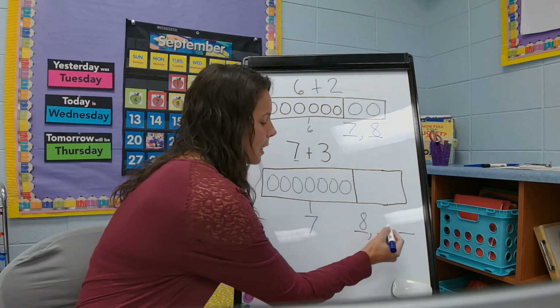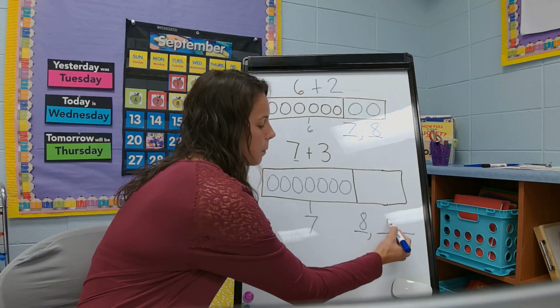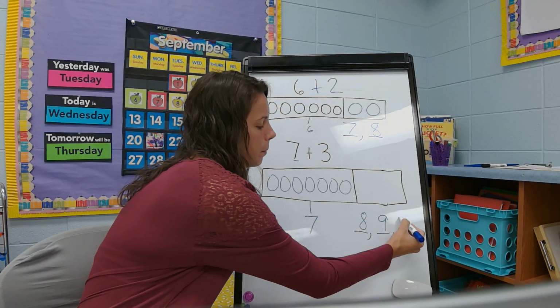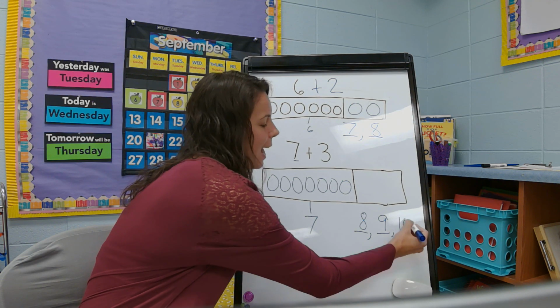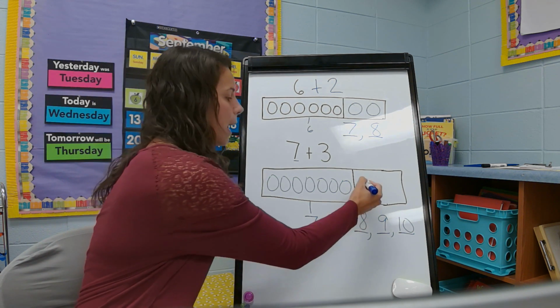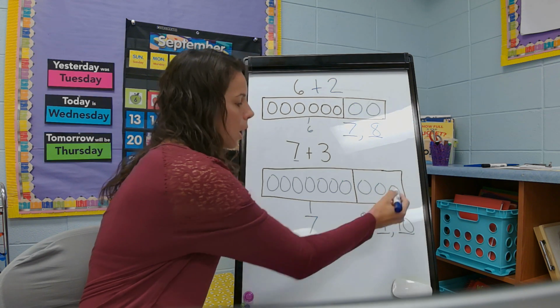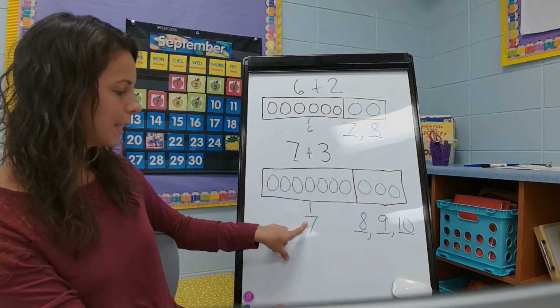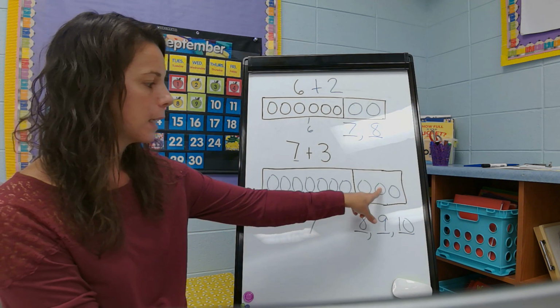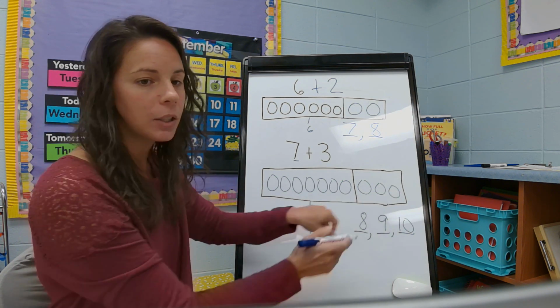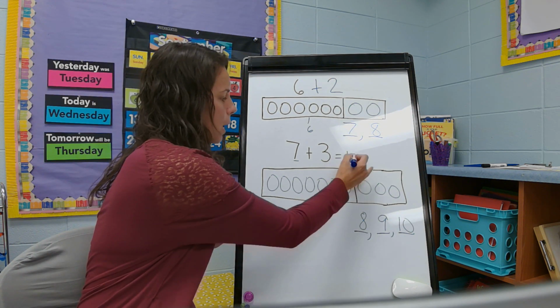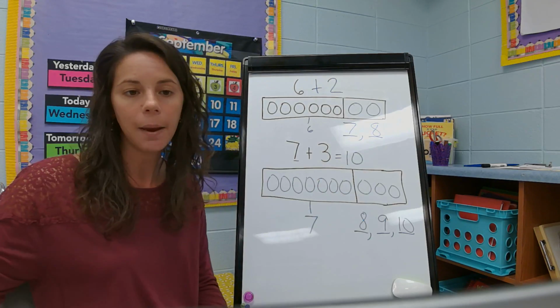Good. 8. Then what comes next? 9. 10. Good job. If we drew 3 more circles, then we could count them. We have 7, 8, 9, 10. So we know 7 plus 3 equals our 10.